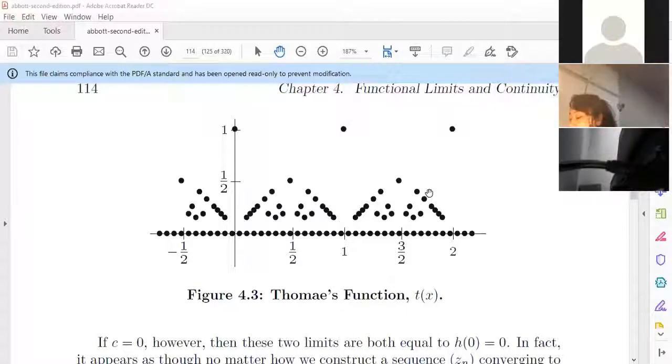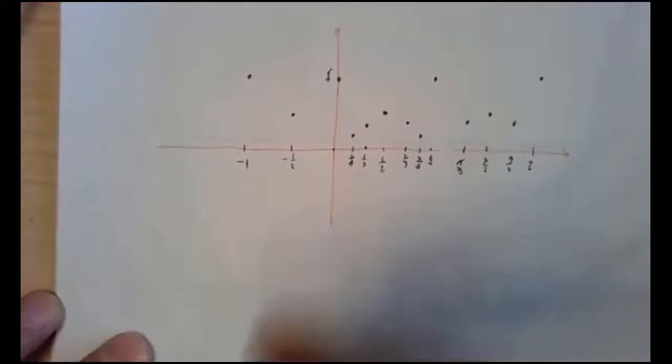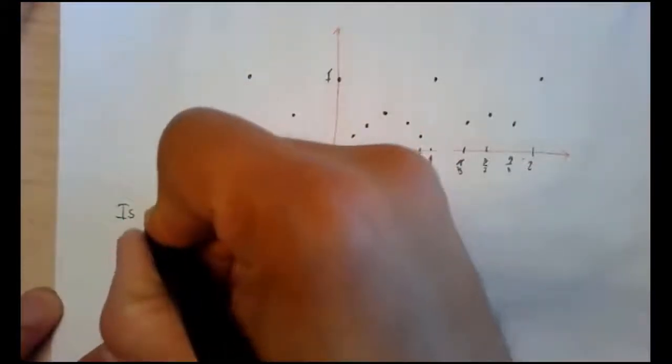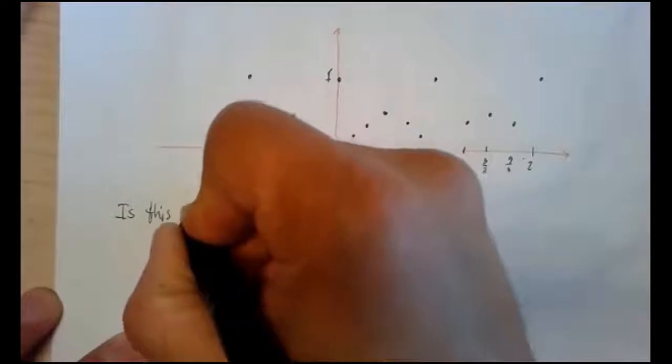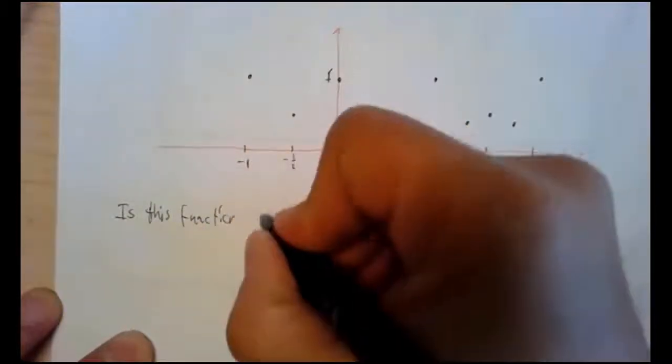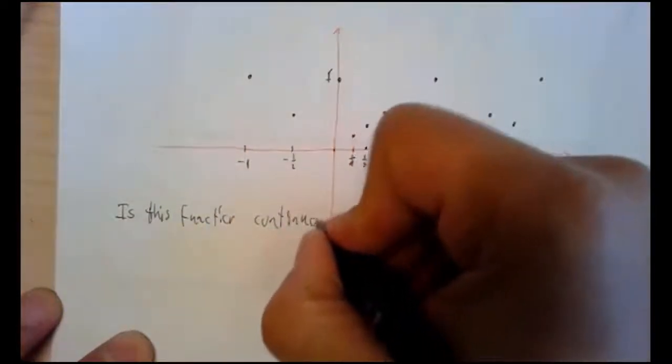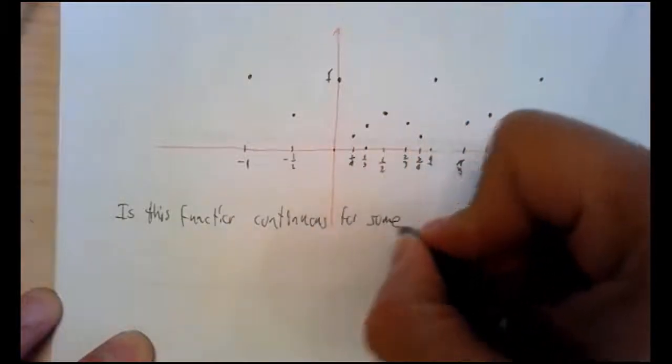And then we're going to talk about the continuity here in the same way. All right? So let's pick a rational number first, right? So we have the same question as before. Is this function continuous for some values?